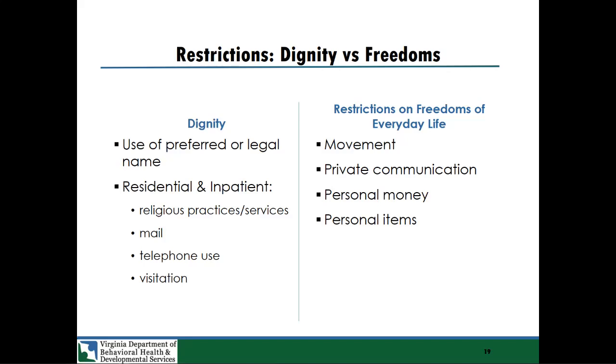Also, remember that the individual must be made aware of the proposed restriction and all criteria for length and removal. In all cases, whether considering restrictions under dignity or freedoms, the provider must discuss the restriction with the individual and inform the advocate of the reasons for the restriction.